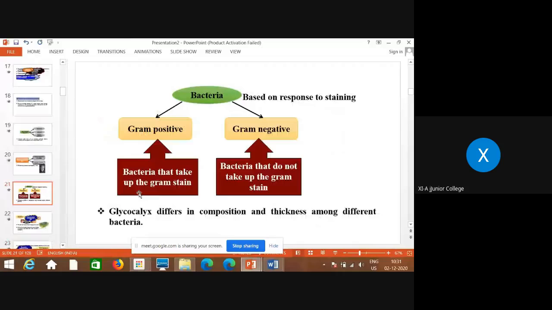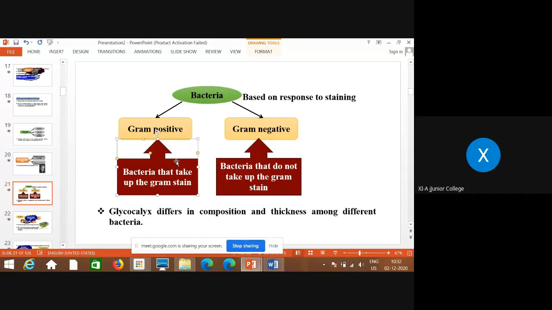So they are known as gram positive or gram negative based on response to staining. Bacteria that take up the gram stain are called gram positive, and those that do not take up the gram stain are called gram negative. Gram is just the name of the scientist.